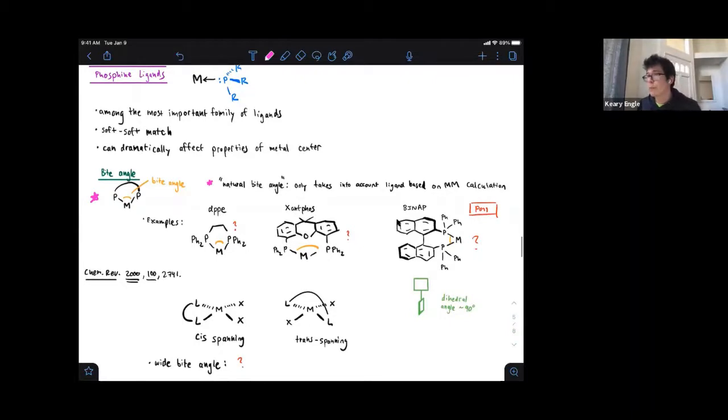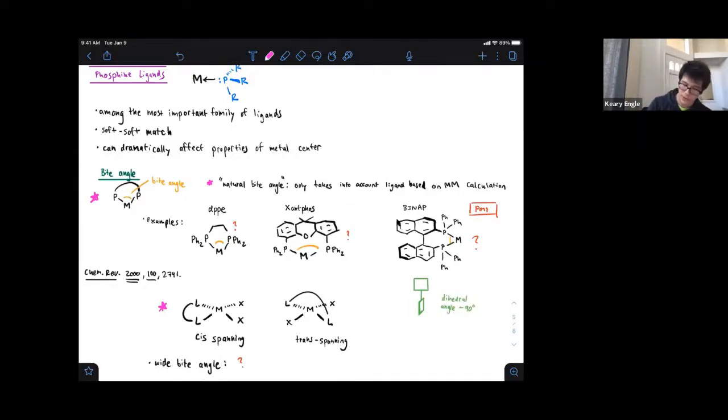Okay, so we'll do a quick poll here to test your intuition of the bite angle for these three ligands shown: BINAP, DPPE, and Xantphos. And Xantphos, you can actually see, if you want to look ahead, can coordinate either in a cis spanning fashion or trans spanning fashion.